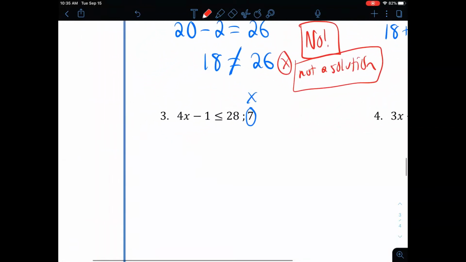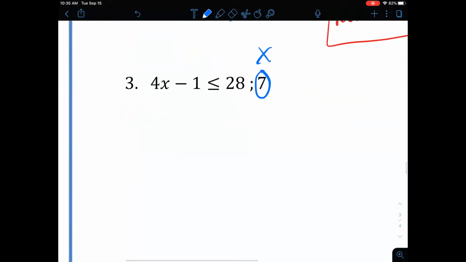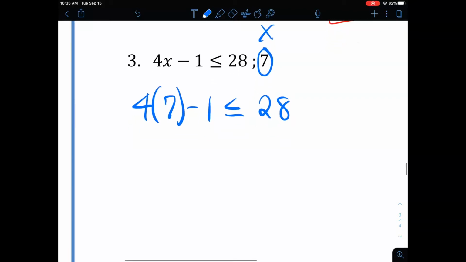Here we go. 4x minus 1 is less than or equal to 28 for x equals 7. So we're going to plug in 4 times 7 minus 1 is less than or equal to 28. Now, 4 times 7 or 7 minus 1, does multiplication come first or subtraction come first? Multiplication comes first. 4 times 7 is going to be 28.